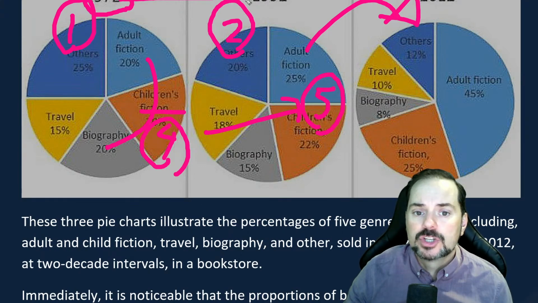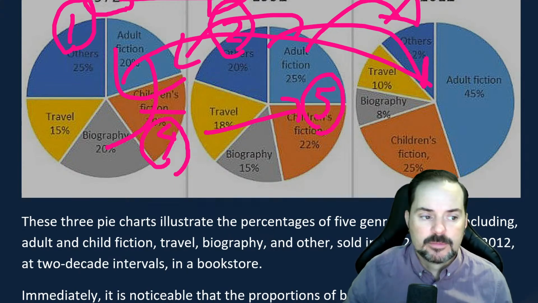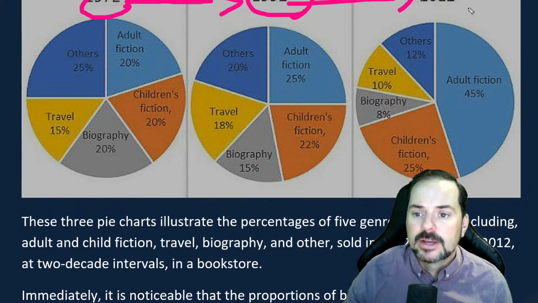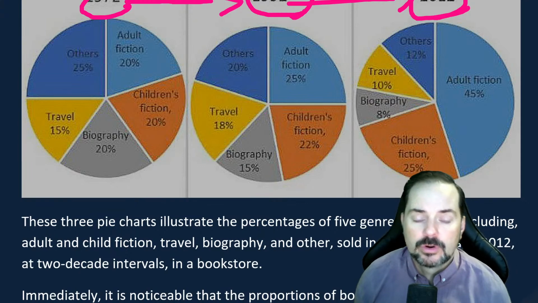But I am going chronologically. Chronologically means according to time. I don't want to jump around all over the place because then it's going to get confusing for my reader. So it makes sense for me to go chronologically, describe 1972, then go to 1992, and then go to 2012. So follow time order, chronologically.